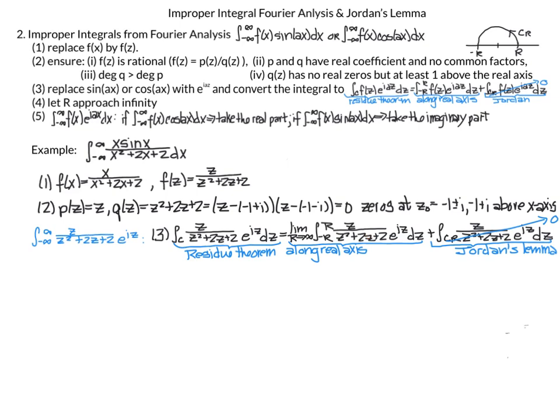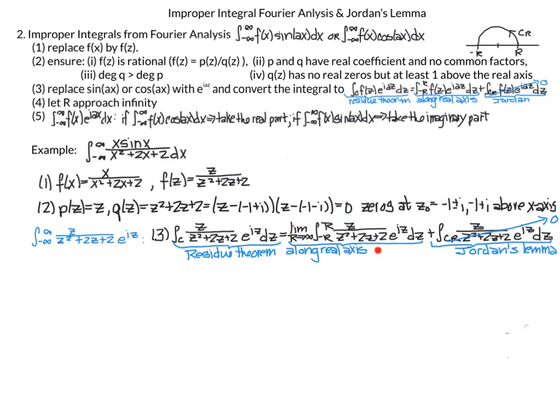And again, this is along the real axis, plus the integral over my semicircle C sub r of z over z squared plus 2z plus 2 times e to the iz. And by Jordan's lemma, this goes to 0. I'm always going to be using that fact. So looking here along the real axis, all these z's can become x's.